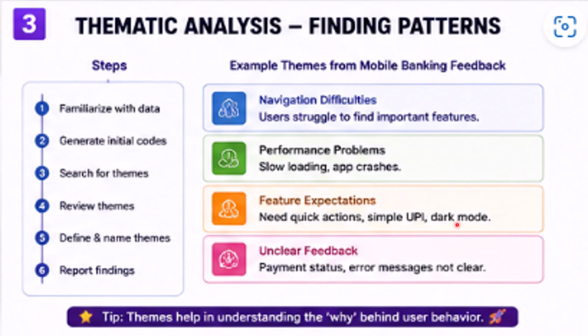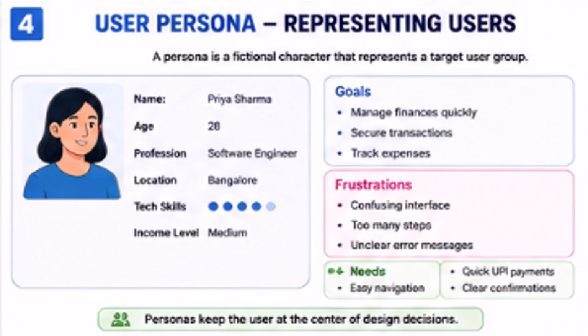Now the next one, user persona: representing users. A user persona is a fictional representation of a target user group. It helps designers understand who their users are and what they need. In this example, Priya Sharma is a software engineer who wants to manage finances quickly and securely.